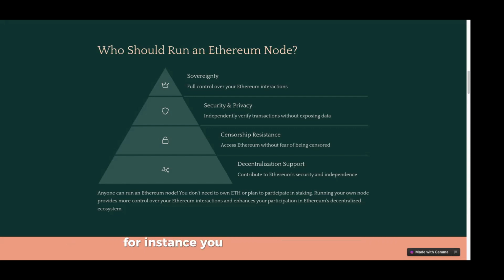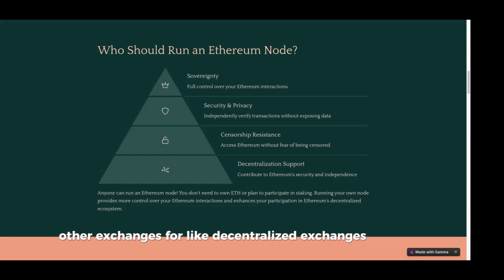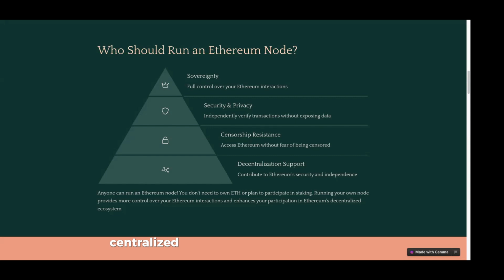For instance, you don't need to trust exchanges, whether decentralized or centralized, for your transactions. Once you're doing this yourself, you have that security and privacy, and also censorship resistance.